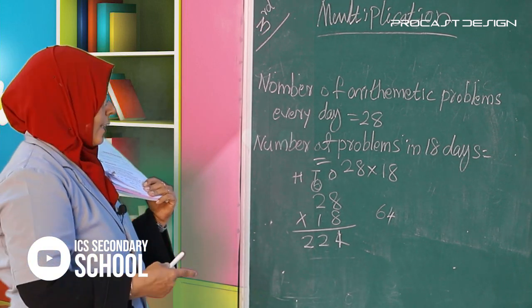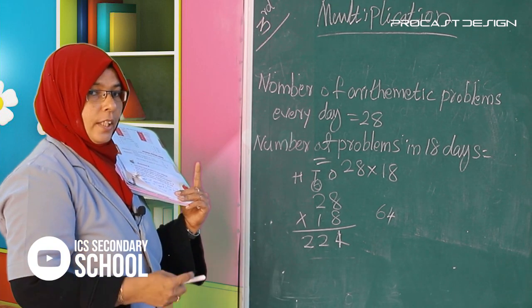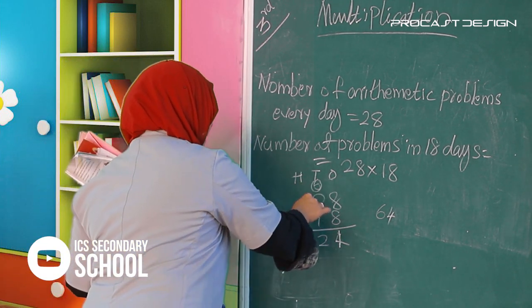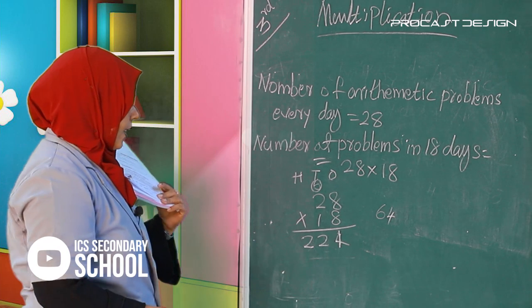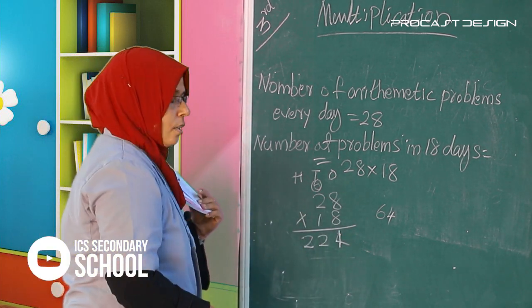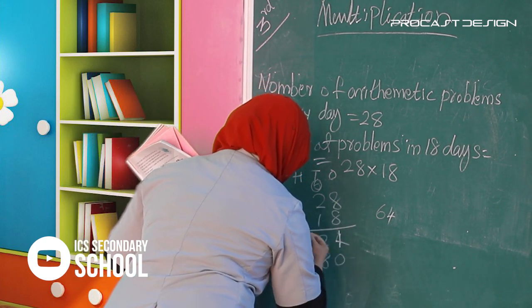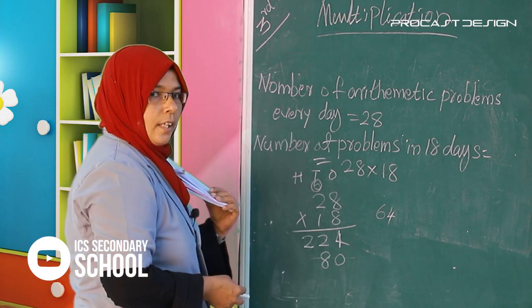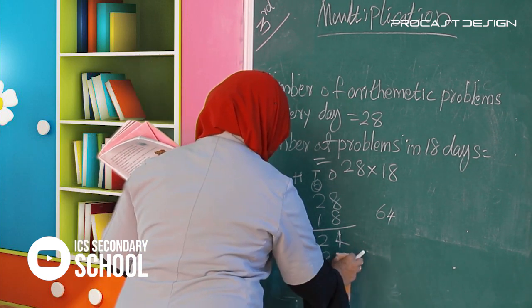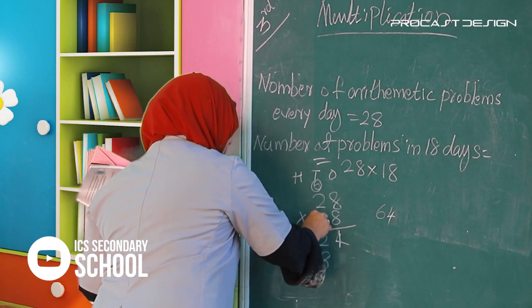All of you carefully listen to the places of numbers. Next, 1 into 8 equals 8. There is no number in the ones place. This is the tens place number. 1 into 2.